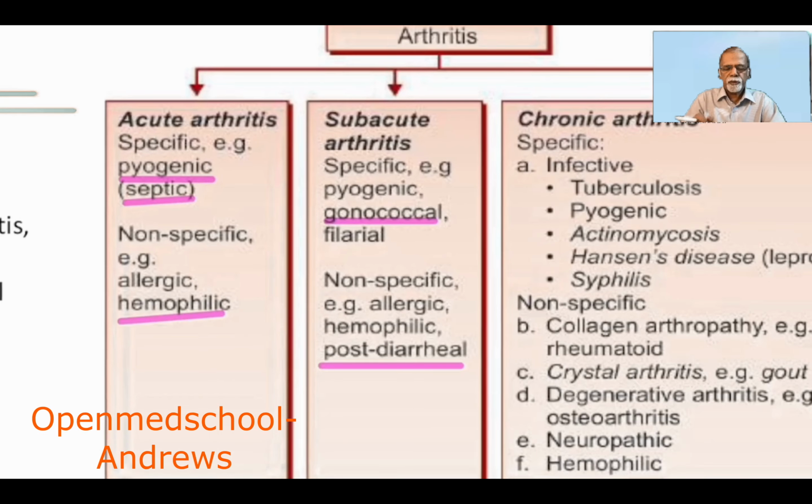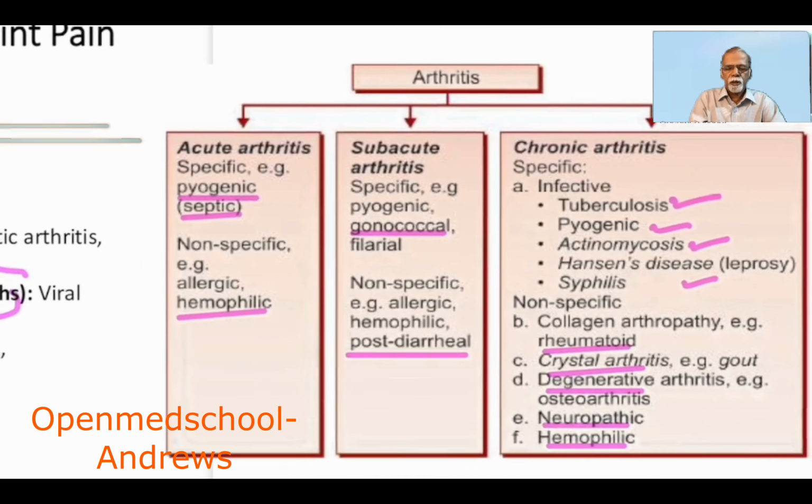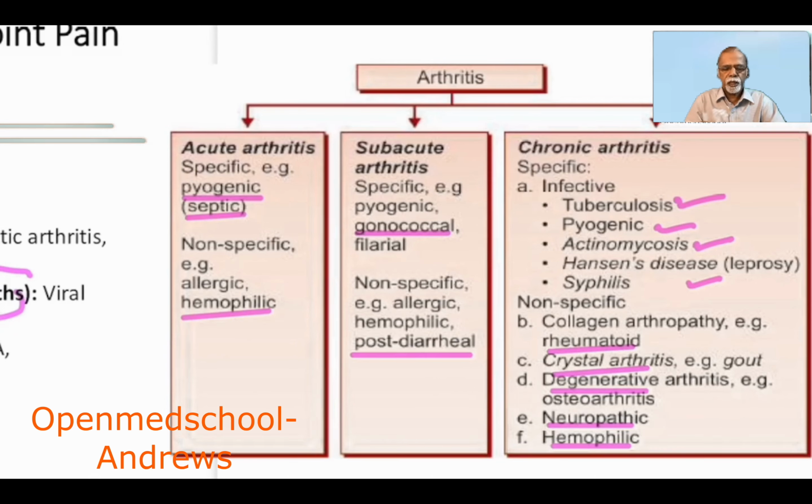Chronic arthritis, again infective can occur: tuberculosis, pyogenic, actinomycosis, Hansen's disease; collagen disease like rheumatoid arthritis, crystal arthritis, degenerative arthritis, neuropathic arthritis, hemophilic arthritis. So this is the list of arthritis.